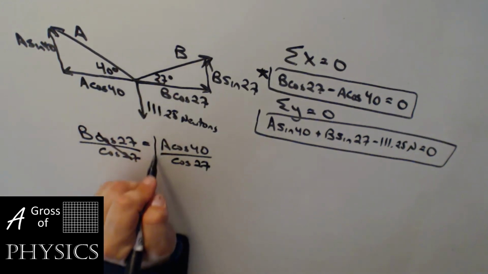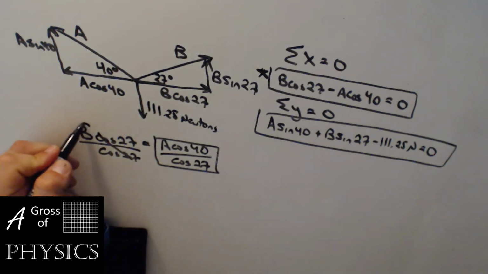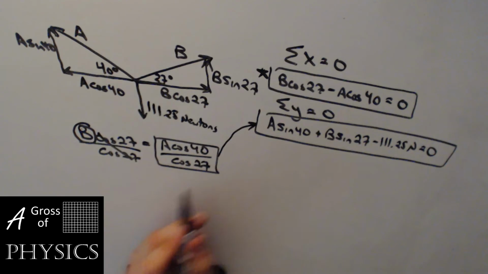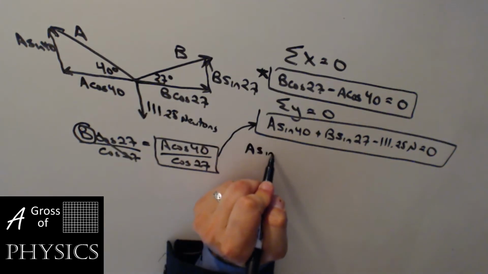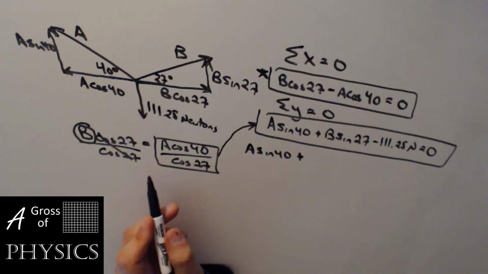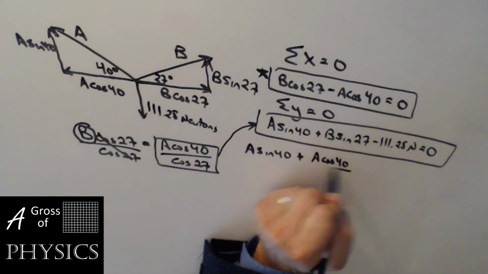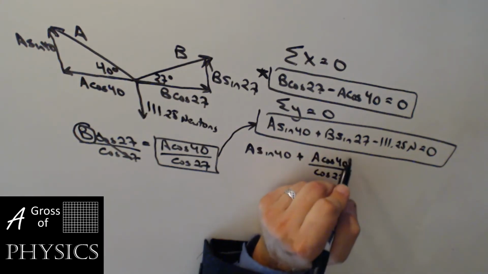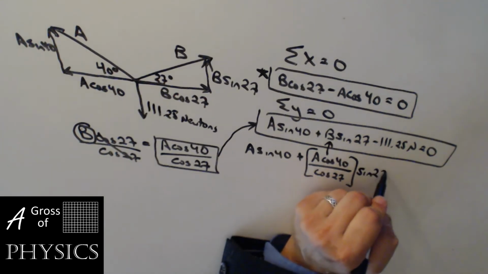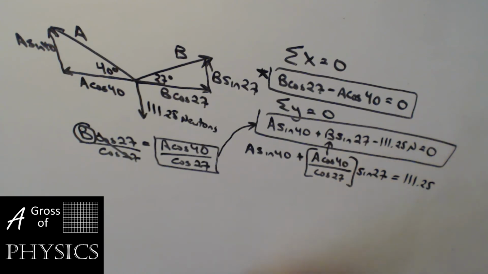So B equals A cosine 40 over cosine 27. Then I'm going to substitute what B equals into the second equation. So we have A sine 40 plus A cos 40 over cos 27, which replaced the B, times sine 27, and that's going to equal 111.25.